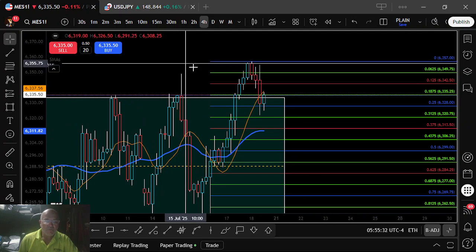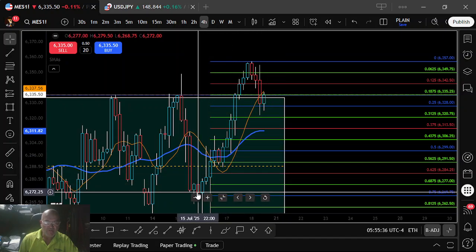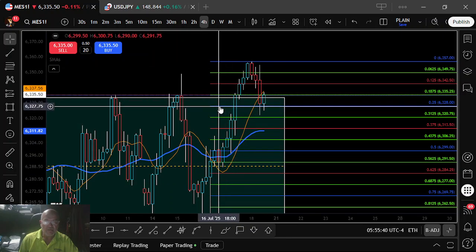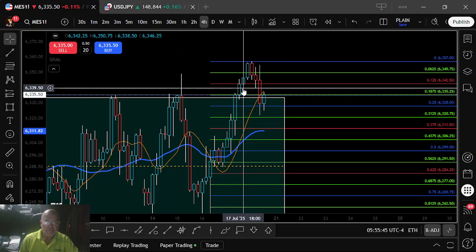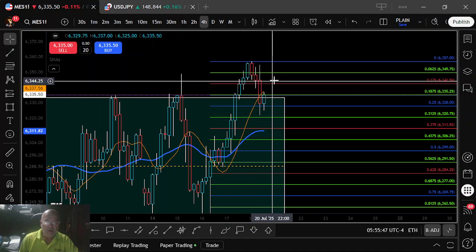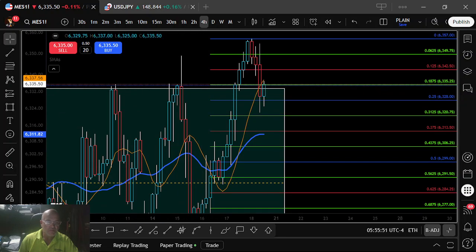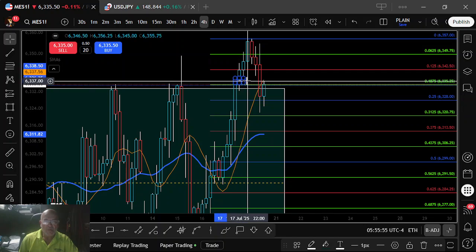So on the 4 hour, where's my internal liquidity? Well, if I look back for fair value gaps in this push up, okay, the first one I see is right here. Okay. And this one's pretty important to take a look at. All right.